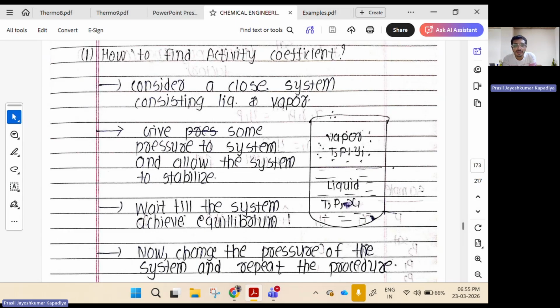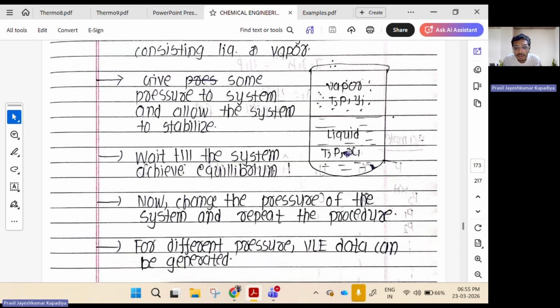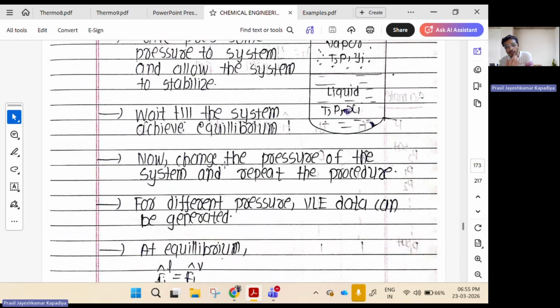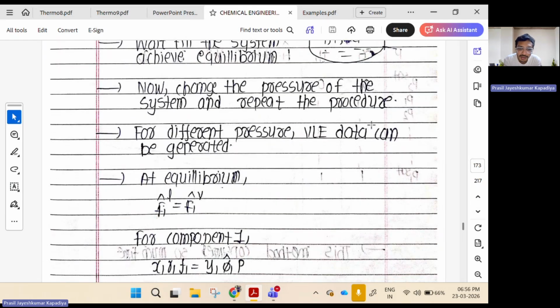I am giving some pressure to the system and allowing the system to stabilize, to attain equilibrium. When I attain equilibrium, I will have the values of x1 and y1. Now I change the pressure of the system and repeat the procedure. So for different pressures, VLE data can be generated.